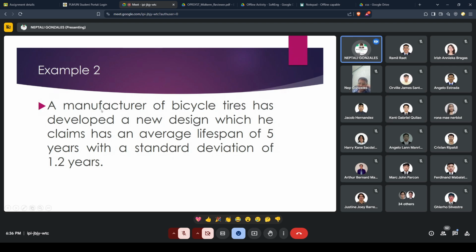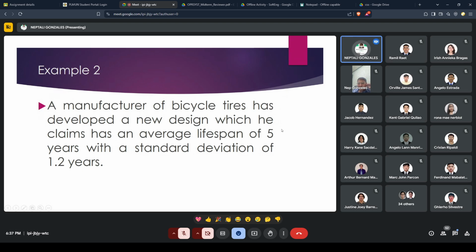So the manufacturer claims that the tires of the bicycles he sells, developed with the new design, have a population mean of 5 years and a population standard deviation of 1.2 years.